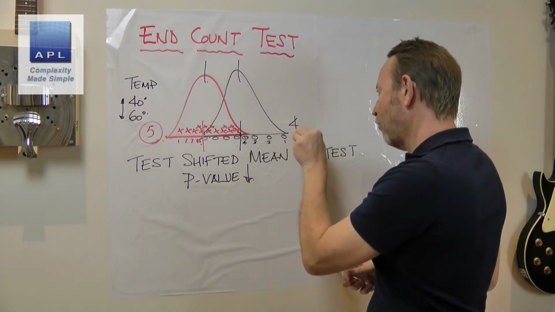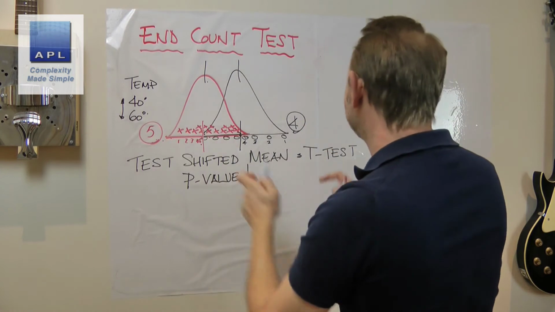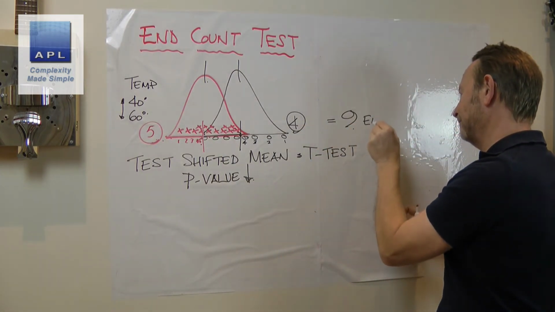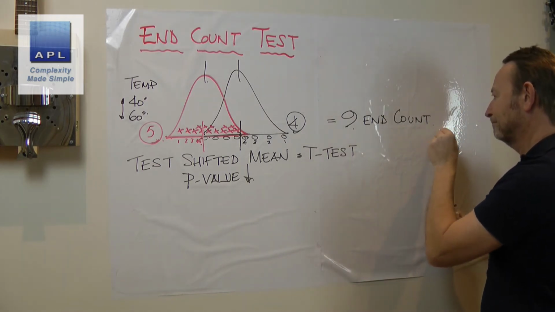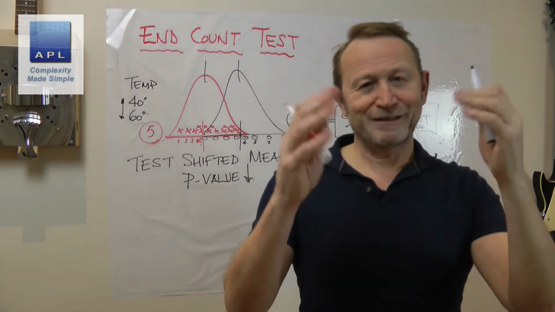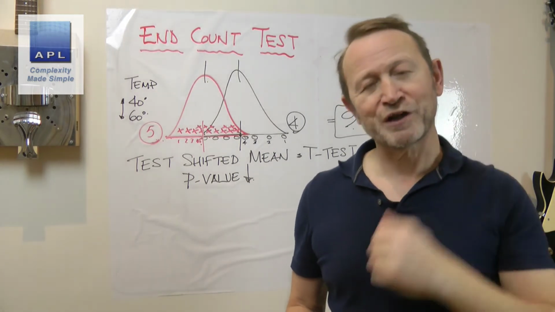I have 4 black data points before I hit the red one. If I add those two together, the end count is 9. Now then, the end count, we're going to look that up on a table.